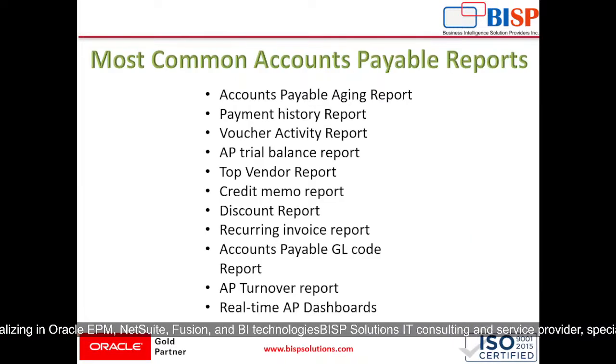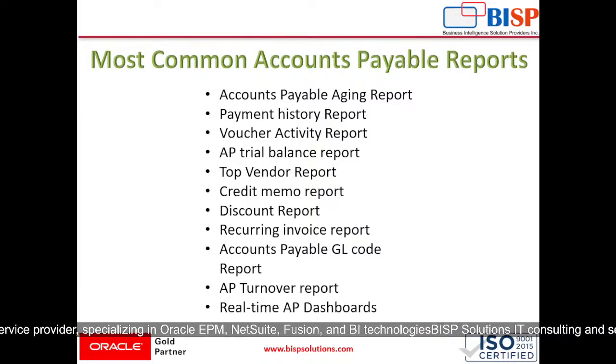So first is the accounts payable aging report. We have discussed in our previous class what the accounts payable aging report is. This report is used in the company to identify which bills are past due and prioritize which ones to pay first.